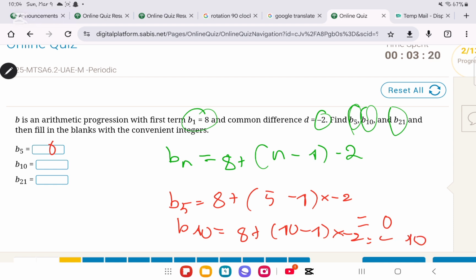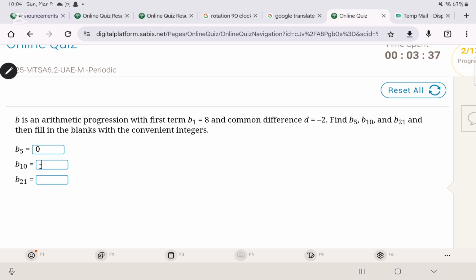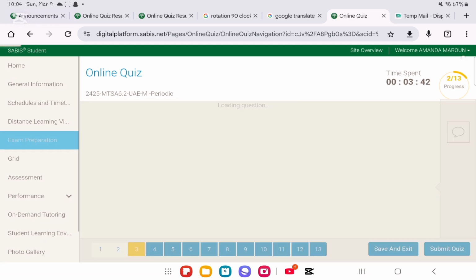Okay, then you will put b21. It's equal to 8 plus 21 minus 1 times minus 2. You will put it on your calculator and you will get an answer of minus 32. So in order, it is 0, minus 10, and minus 32.